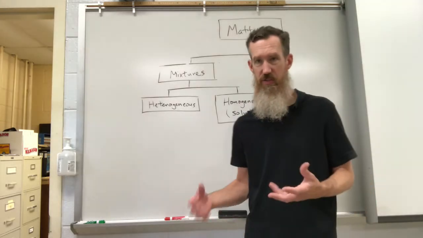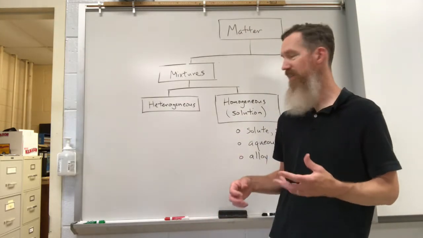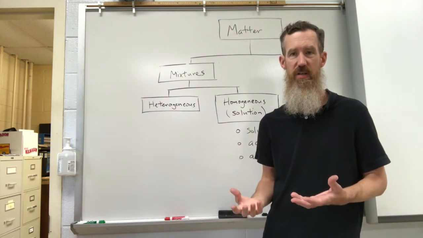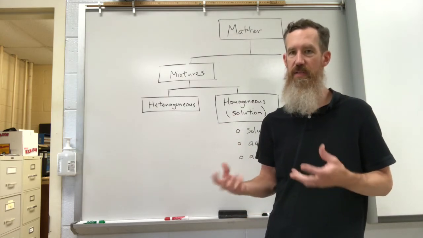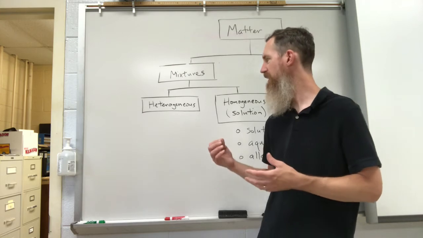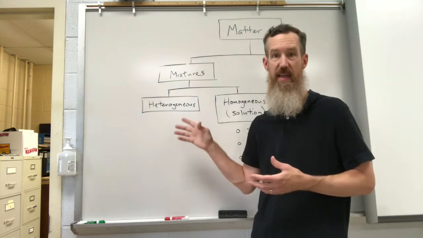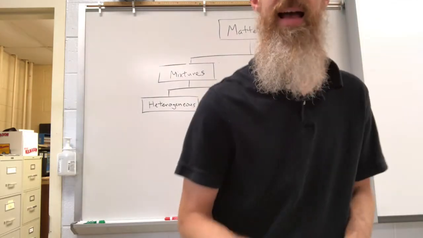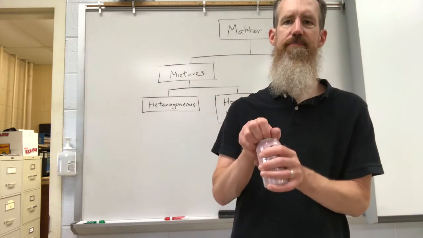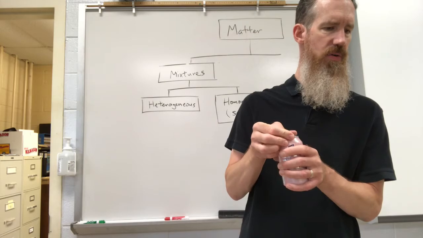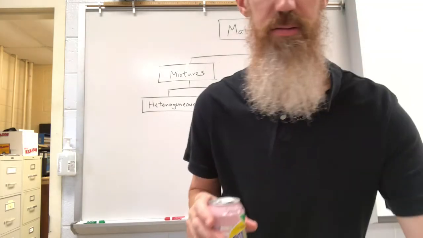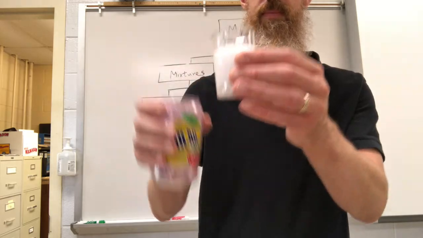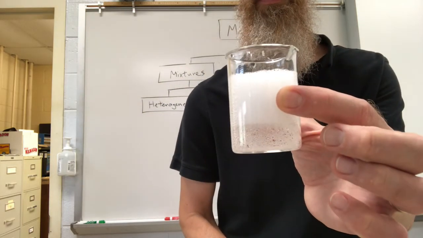Sometimes it's going to be difficult to tell the difference between a heterogeneous and homogeneous mixture. Sometimes the difference gets gray. For instance, I have here some soda. And when I pour it, lots of bubbles.